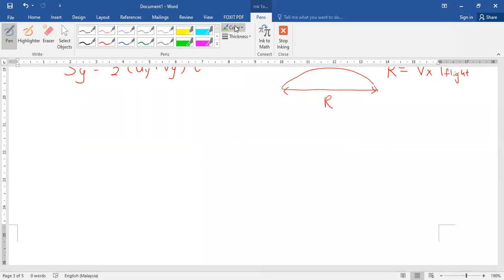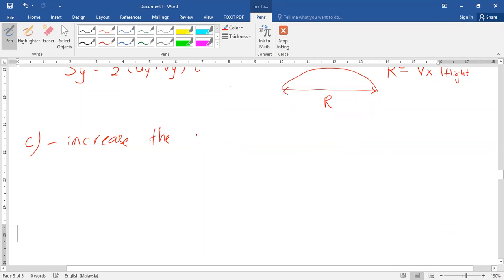First, increase the speed of projection. That means increase the speed when we throw up.